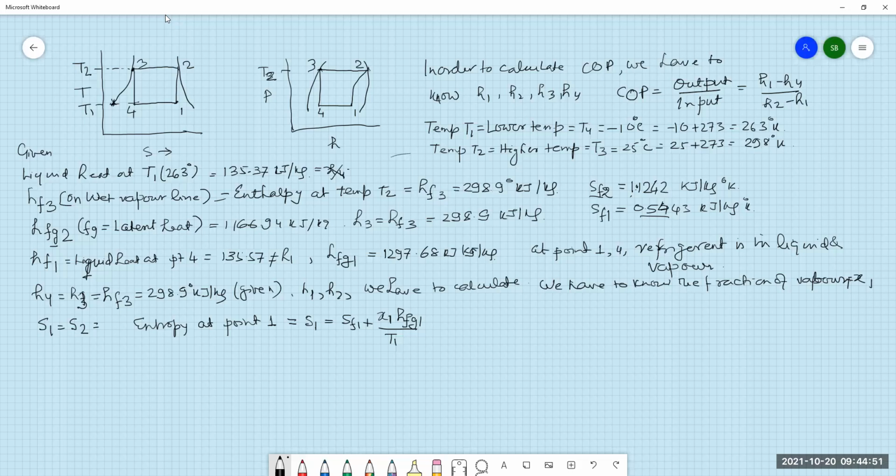Now we see S1 is equal to S2, as it is a totally vertical line. So the entropy at points 1 and 2 is equal. So 5.04 is equal to 0.5443 plus 4.934 x1.